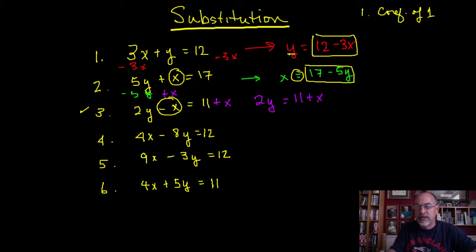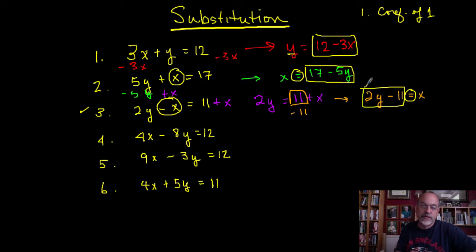X is not by itself, but now I can move this 11 to the other side by subtracting it, and so that's going to leave me 2y minus 11 is equal to x. So now I have the x by itself and it's positive, and again I have an equivalent expression that can be substituted into the other expressions. Now, what happens if we don't have a coefficient of 1?